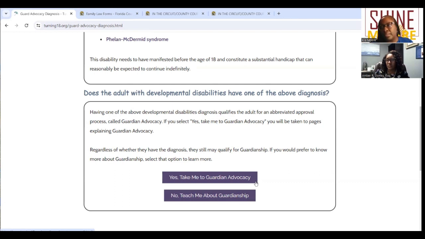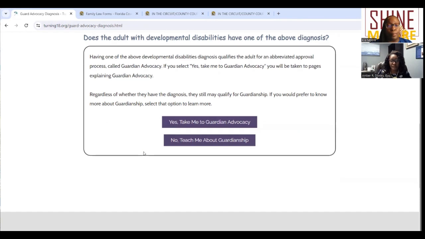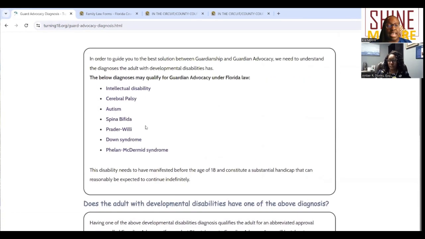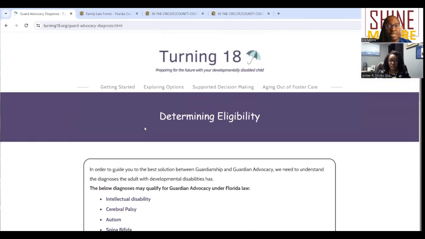So typically what I see is a comprehensive evaluation that has been done by the psychologist, and then the diagnosis: this person has Down syndrome, spina bifida, autism. Okay, gotcha. So I see that this website has a plethora of information, different things that families, parents, guardians can go through and check out.